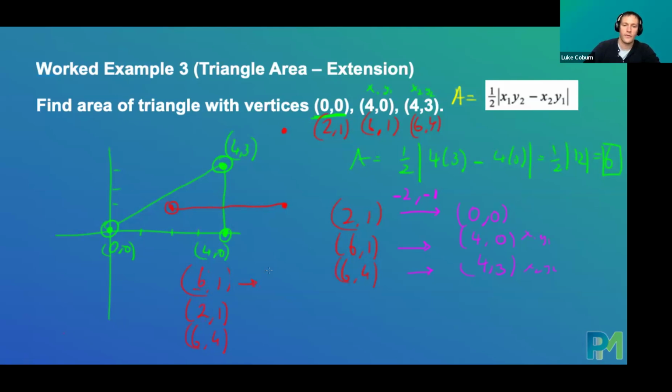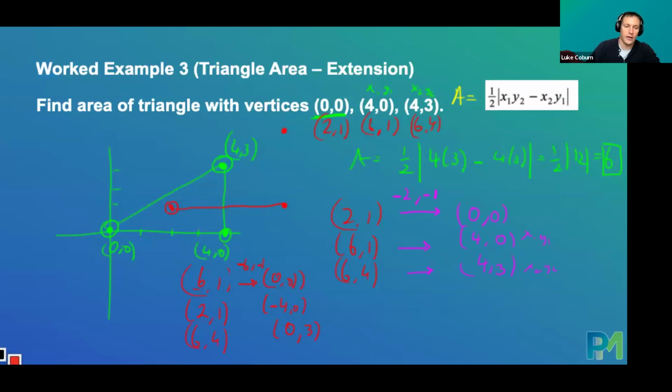Let's say we had this one there, and then we moved that one to 0, 0. How would we do that? By subtracting 6 from that one and subtracting 1 from this one. This would bring this one to -4, 0, and this one to 0, 3.